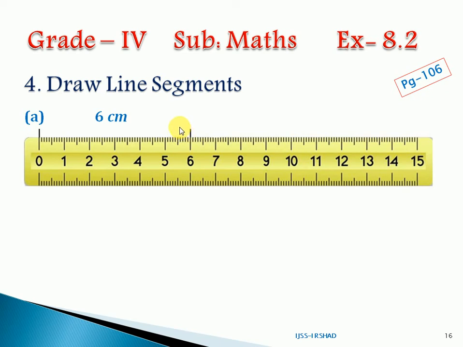That will be your required line segment. Like this, see here is 0 mark, here I have given a mark at 6. Now just trace a line along the edge with a pencil like this. So I got here, you can see this red color line segment. So this is the required line segment of 6 centimeter.